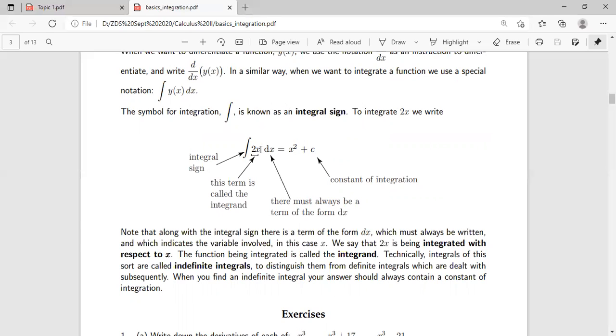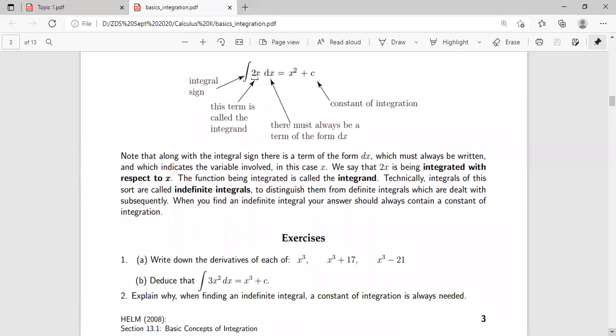Integrals of this sort are called indefinite integrals, because we are not given limits. Where we are given limits, for example, y equals 2x spanning from 2 to 6, that will be a definite integral. But where we've been given this form, we normally talk of an indefinite integral.